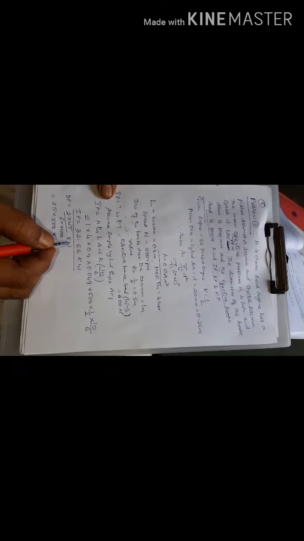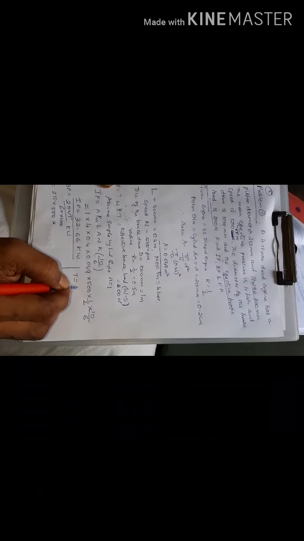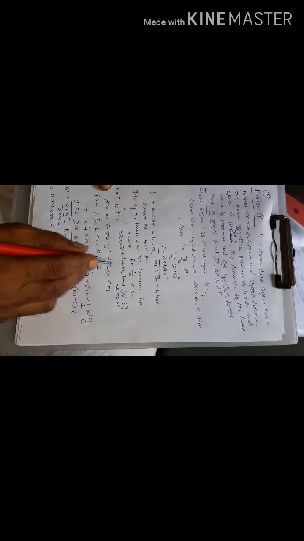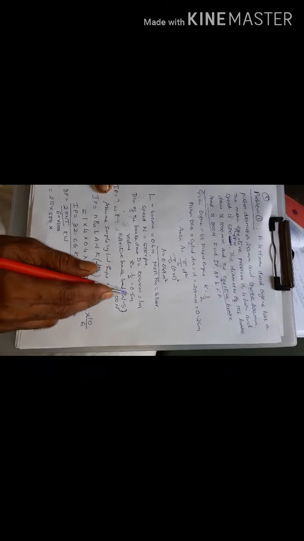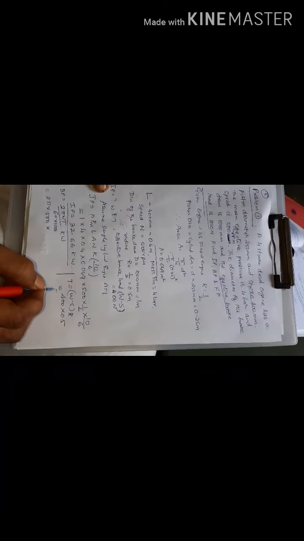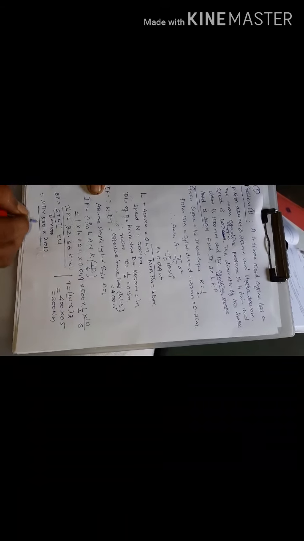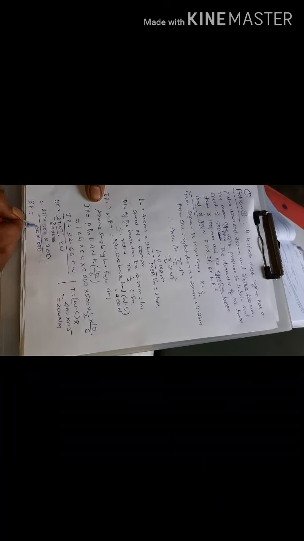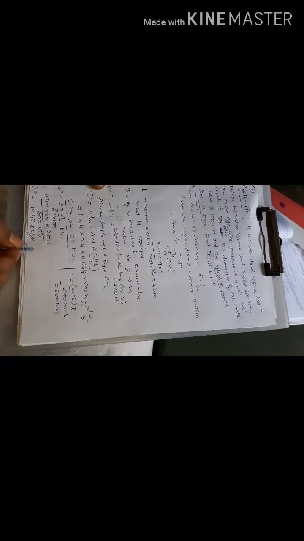The torque T is equal to W minus S into R, so the effective brake load of 400 multiplied by R, which is 0.5, gives 200 Newton meter. Computing in the calculator, you will get 10.47 kilowatt. So this is the brake power.